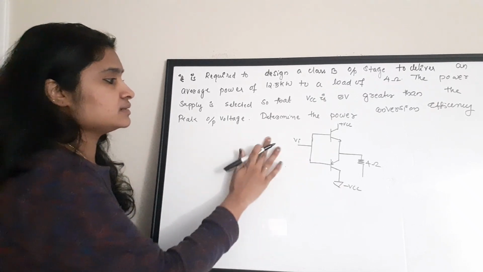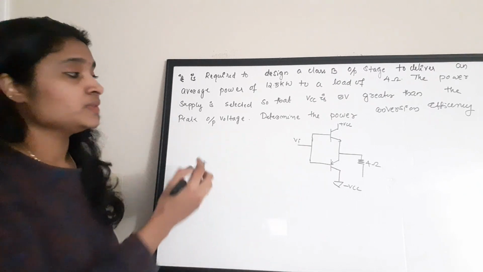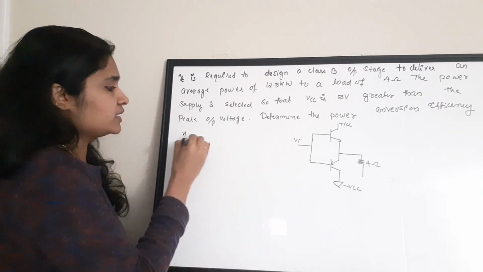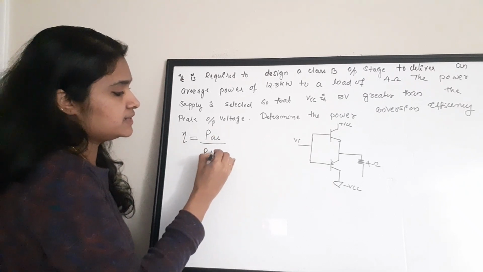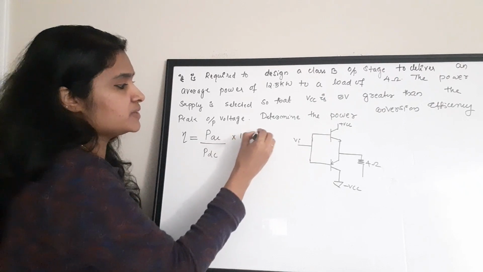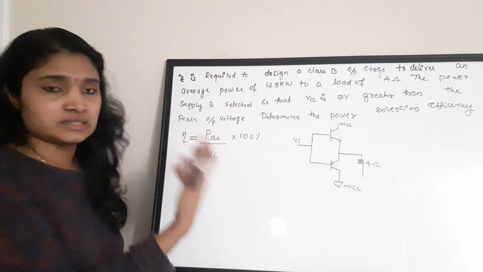So let us discuss some basic equations before going into this question. The efficiency is given by power AC, which is the output power, by PDC into 100%. It will be a percentage value. So this is the equation for finding the efficiency.